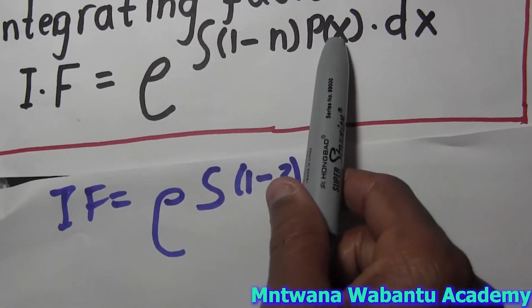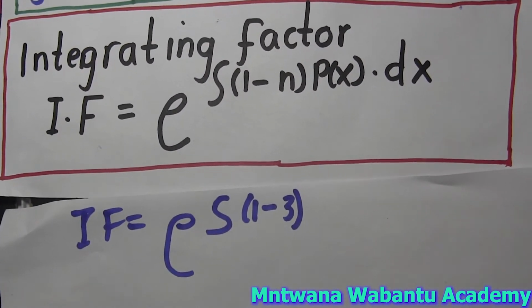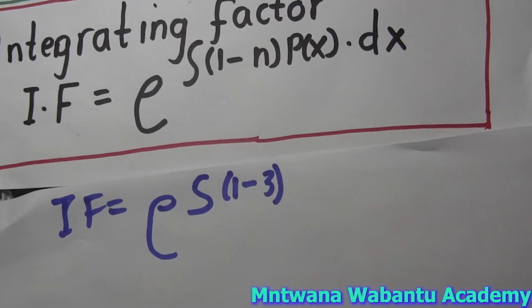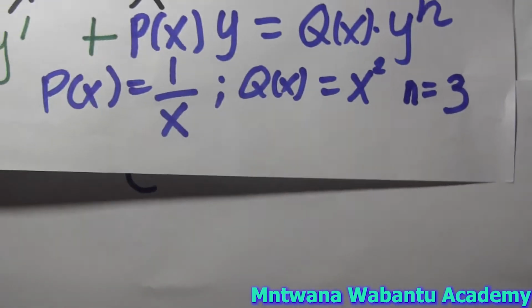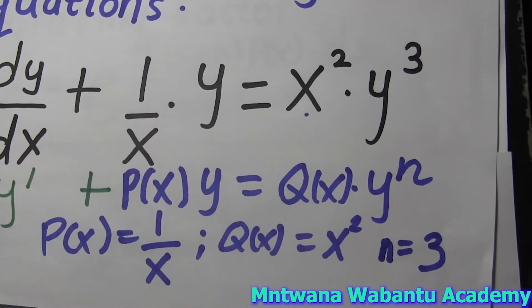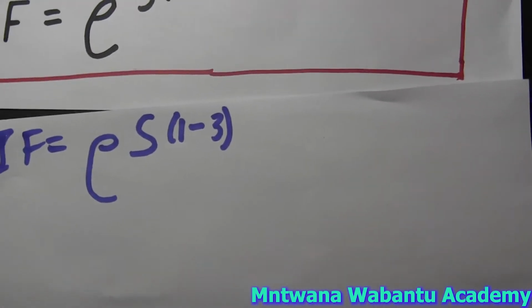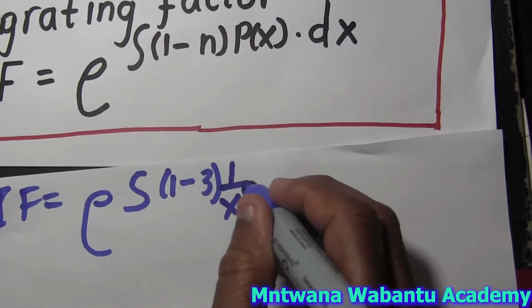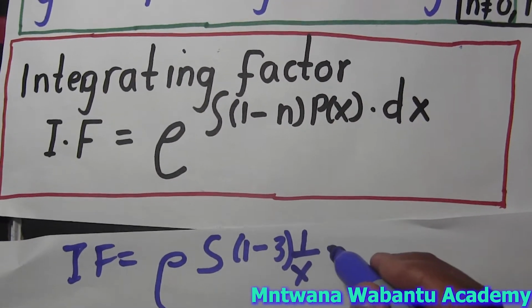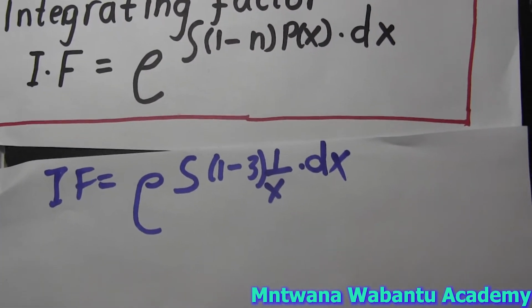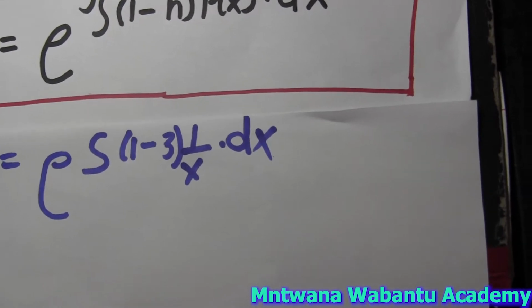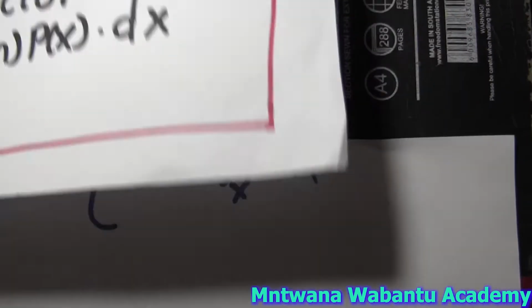And then we have p of x. What is p of x? Our p of x is 1 over x. So 1 over x, times d of x. So this is going to help us get the integration factor.